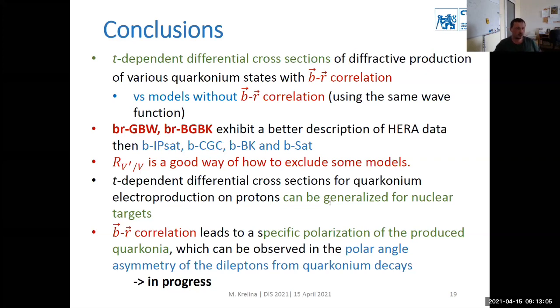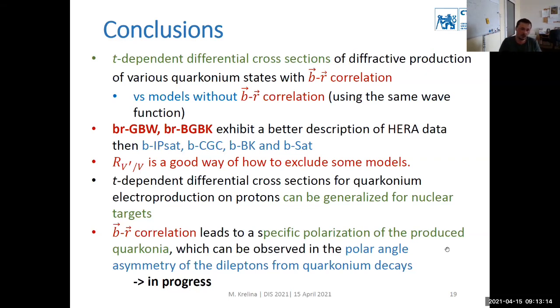And of course, a model with a BR correlation leads to a specific polarization of the produced quarkonia. So at the end, we should be able to observe polar angular asymmetry in the dimuons from quarkonium decay. Basically, the last two points are in progress.